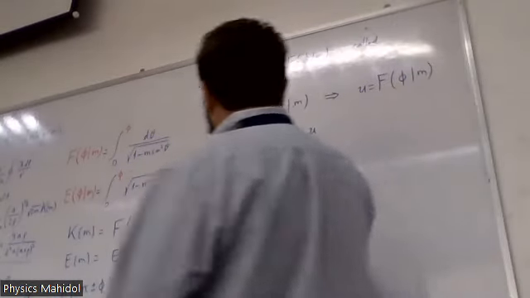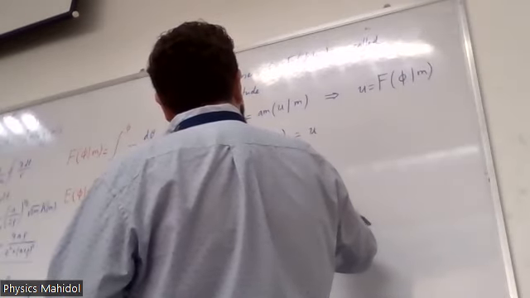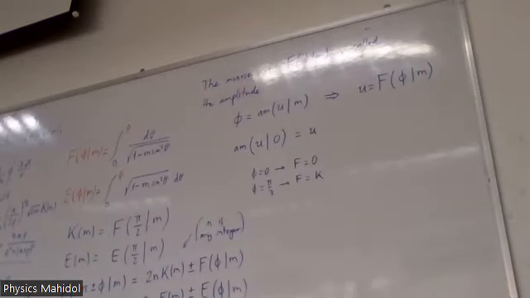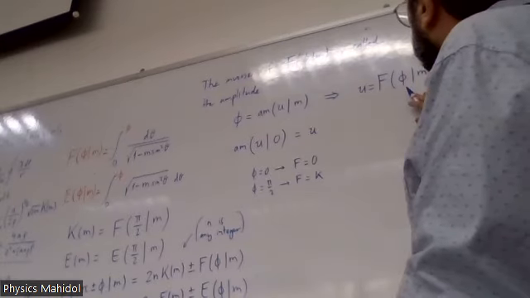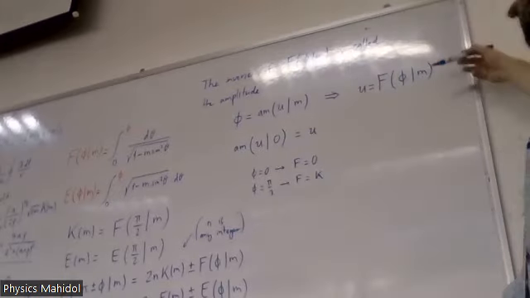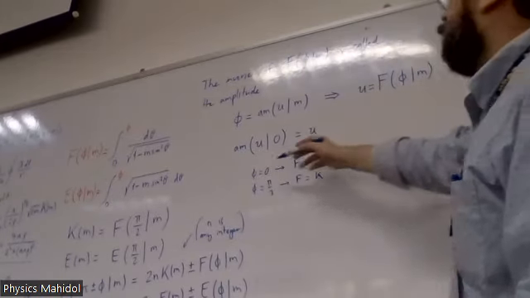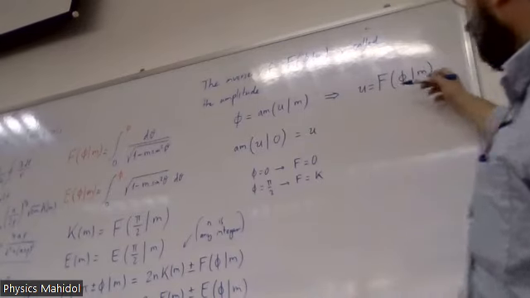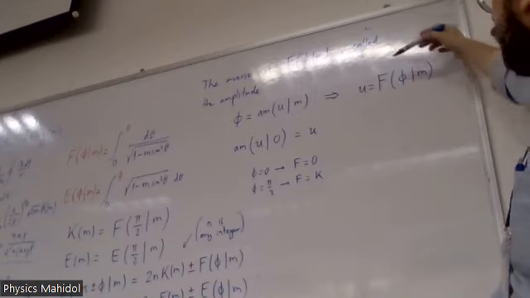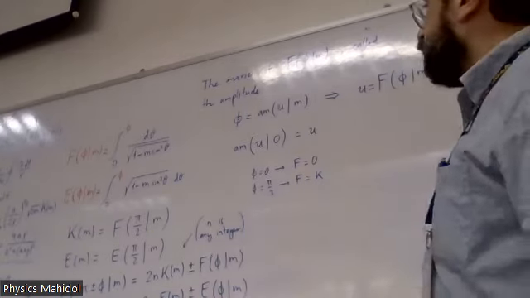At phi equal pi over 2, then f is K, right? So how can we use that in the inverse? The inverse will say, what is the value of phi that, well, it's just going backwards. What value of phi makes f equal 0? The answer is 0. What value of phi makes f equal K? And then the answer is pi over 2.